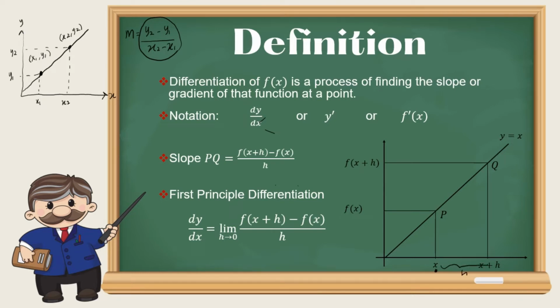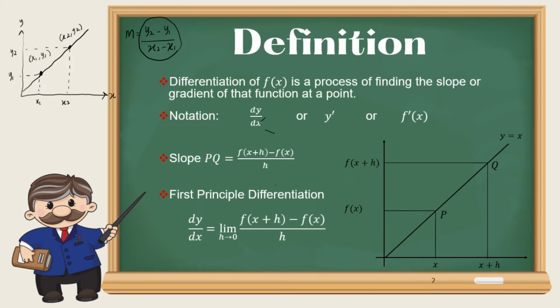Okay, for example, if you have the value of x here equal to 2, and here you have 2 steps, what is the value of your x plus h? It will be 2 plus 2, which is 4. So we actually have 2 points of x here, where the first point of x is x.